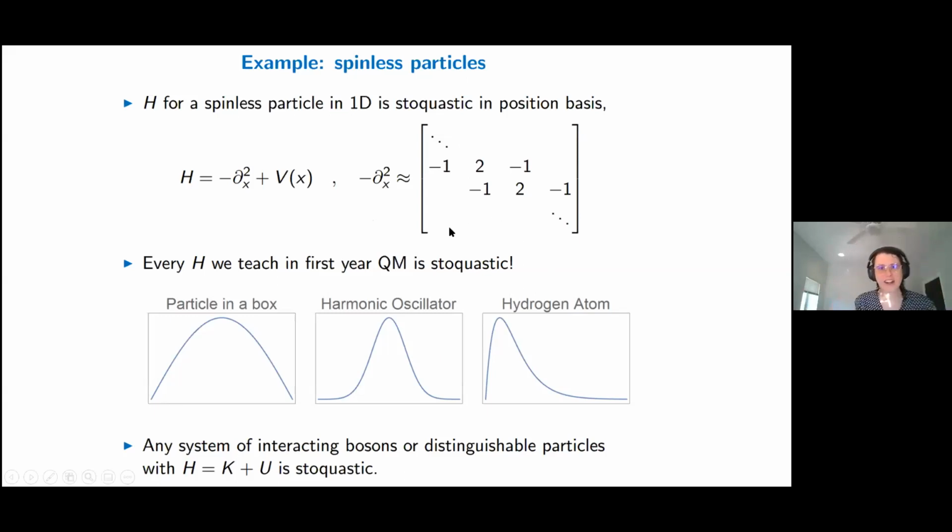So indeed, all of the off-diagonal matrix entries are either 0 or negative. Here I've illustrated some ground state wave functions corresponding to this Schrödinger equation that are solved typically in a first-year quantum mechanics course. And indeed, you see that the ground state wave functions are non-negative and they have no nodes.